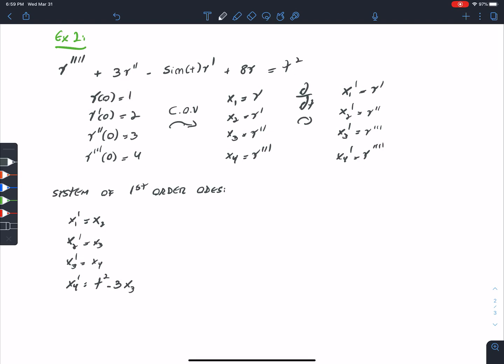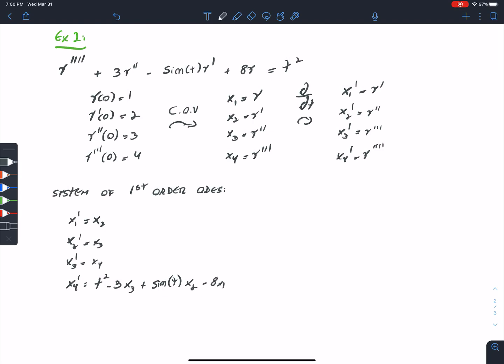And I'm already plugging in that y double prime is x3, so that's where we got this from, plus sine of t times x2. Similarly, we made that substitution there, minus 8x1.